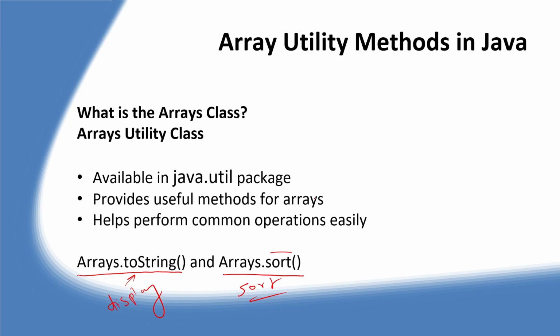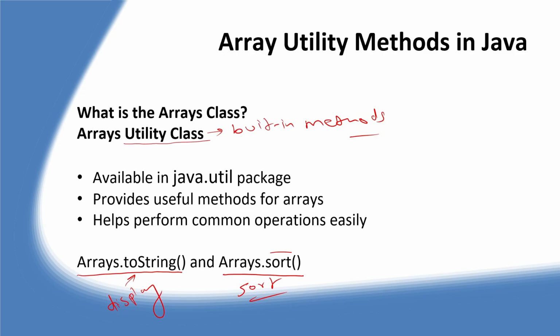So the Arrays class is a utility class. Why are we saying utility class? Because it is providing some built-in methods which are useful for us. We can directly call and use it.